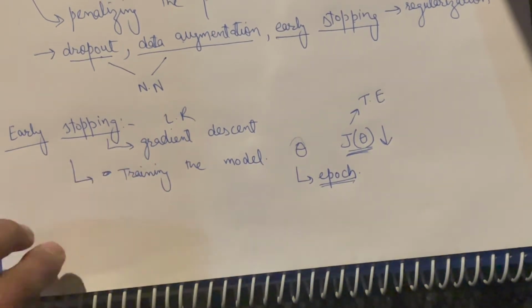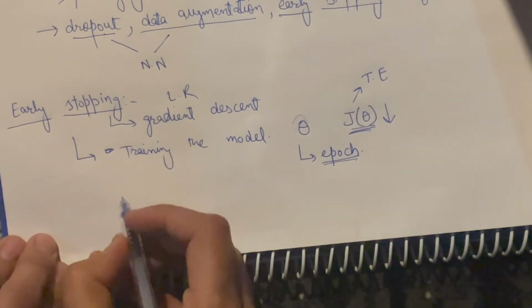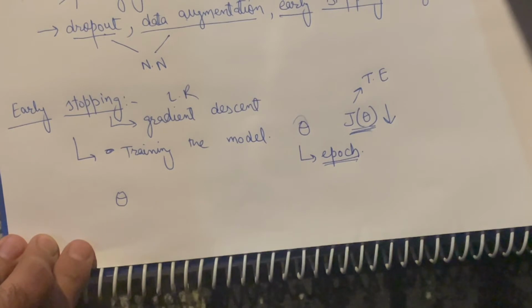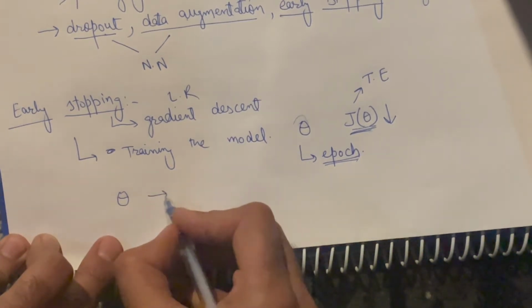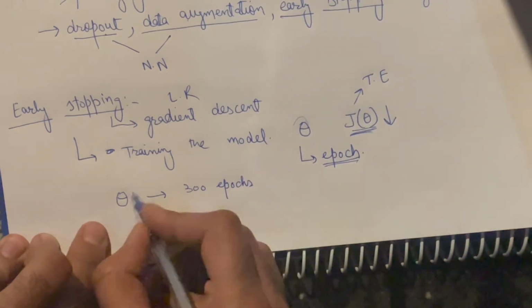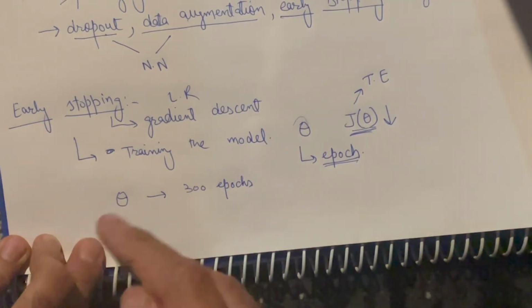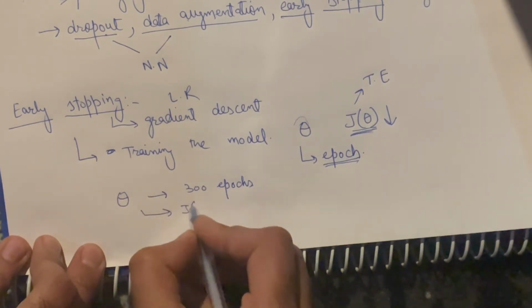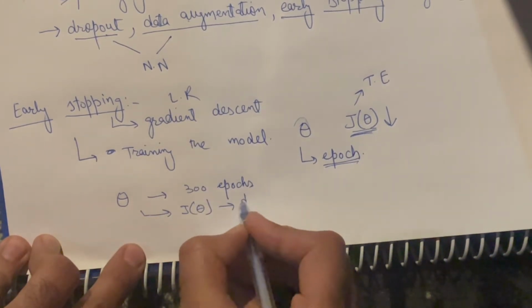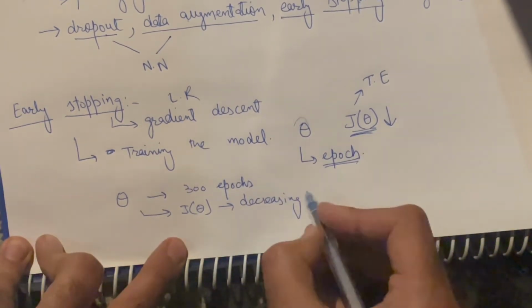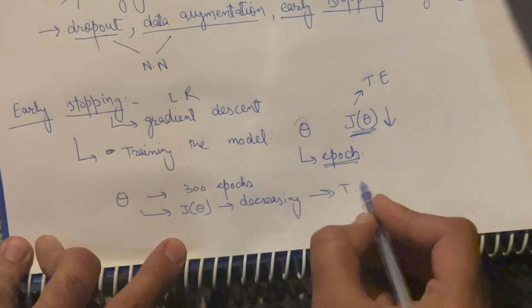In early stopping, when you are updating theta, let's suppose I have completed 300 epochs. Now again I am updating, and I will check that my J theta is continuously decreasing, or we can say training error is decreasing.